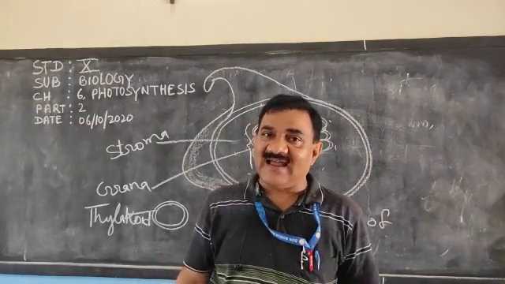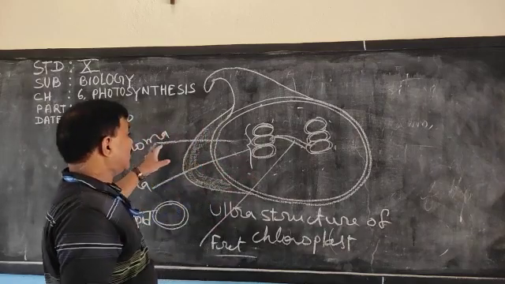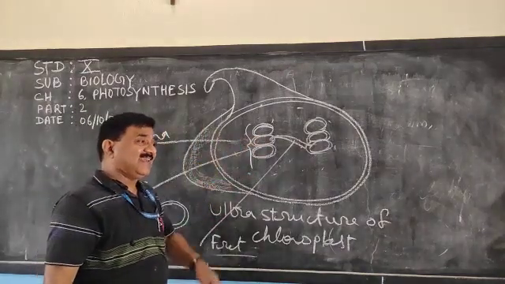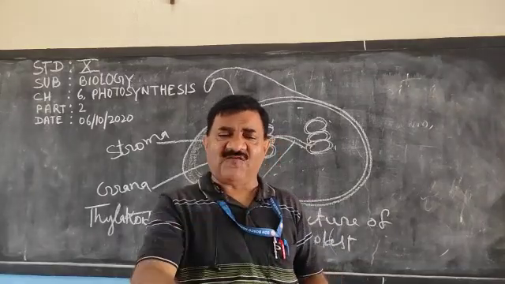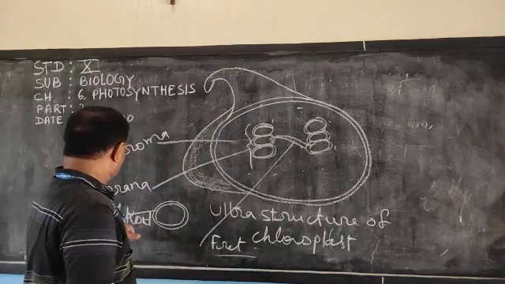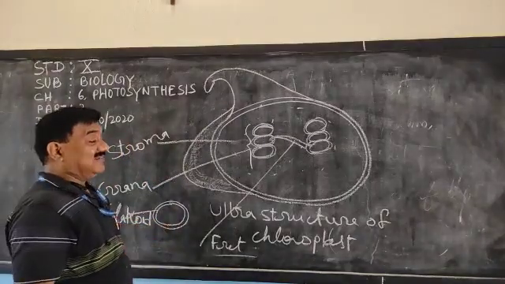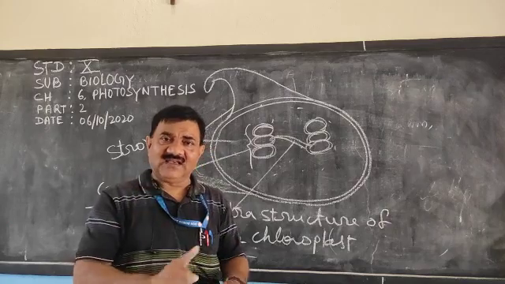What pigment is that? That is chlorophyll, the pigment present inside the walls of the thylakoid. If the location of chlorophyll is asked, your reply will be the walls of the thylakoid. Very clear?